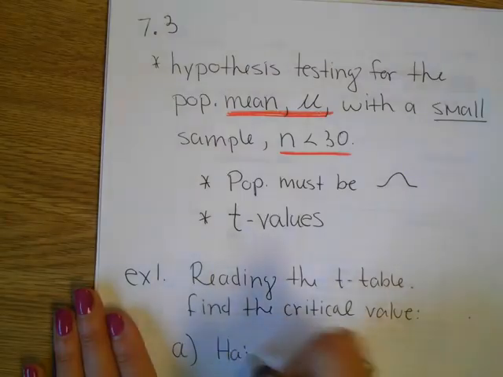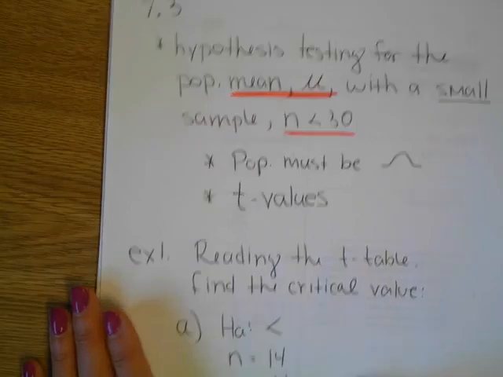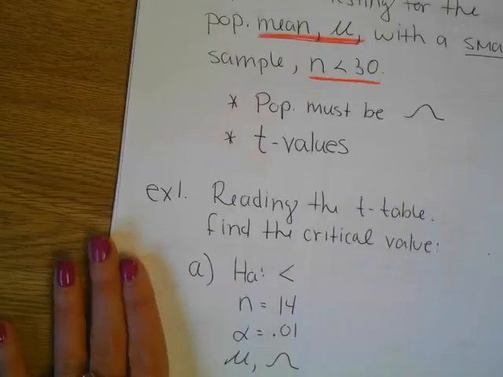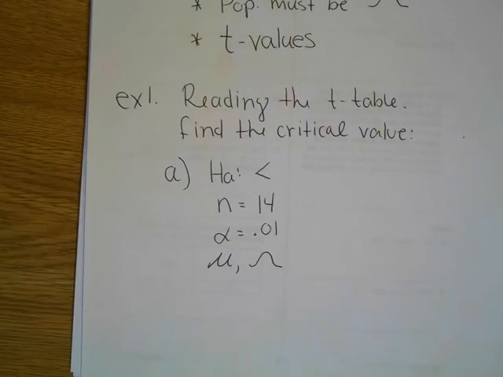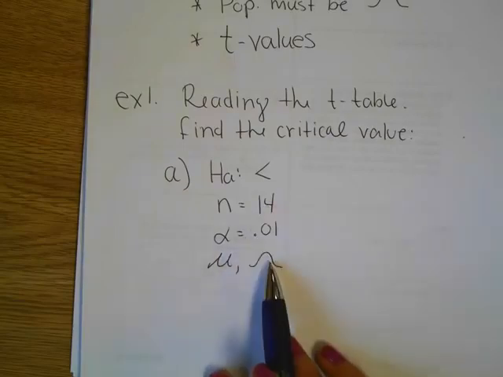So the Ha is going to have a less than. The sample size is going to be 14. The alpha is going to be 0.01. The claim is going to have a mu, and the population is normal. So instead of writing all that out individually, a mu with a small sample for normal tells us t.